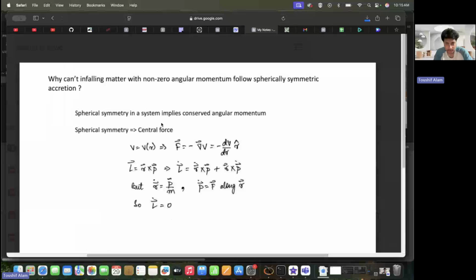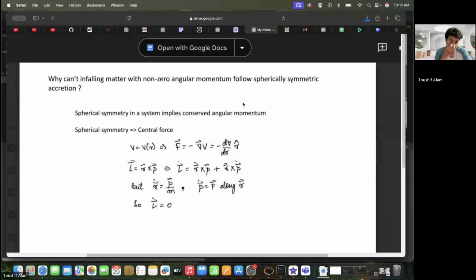That's why infalling matter with non-zero angular momentum can't follow the spherically symmetric equation, because it will still have some angular momentum.